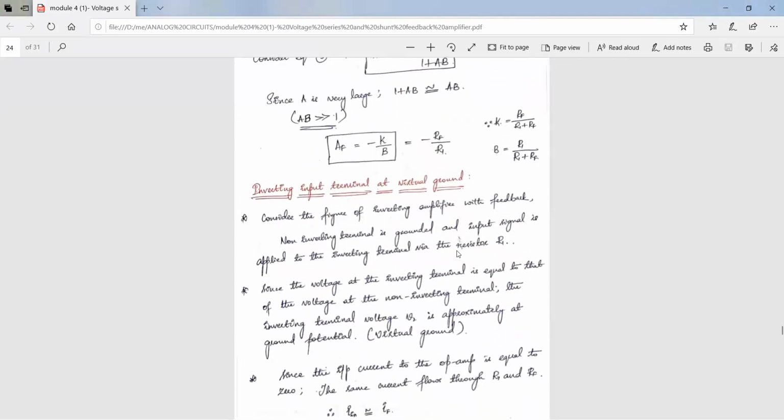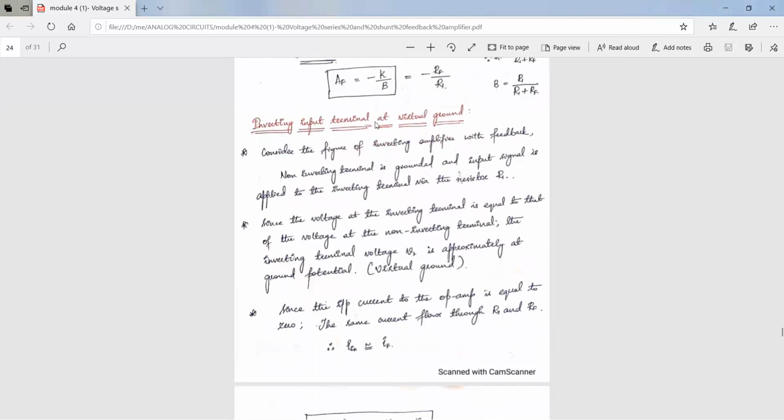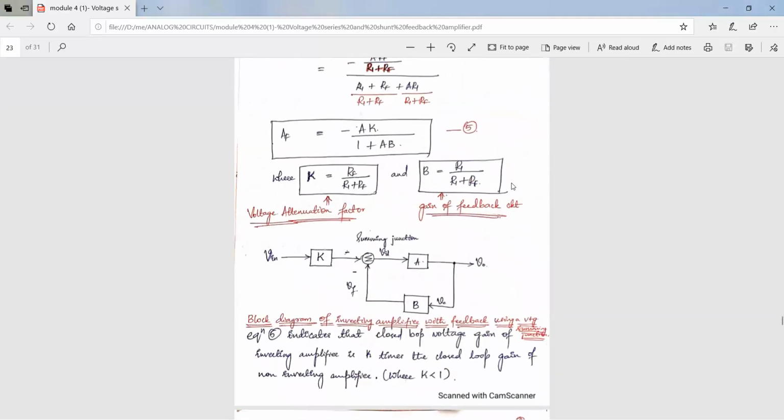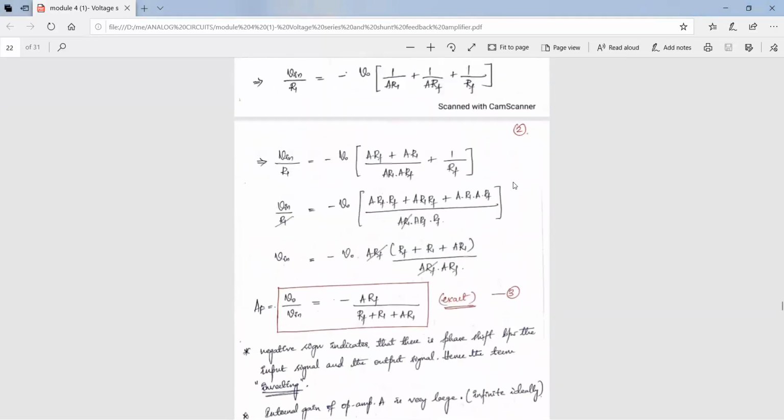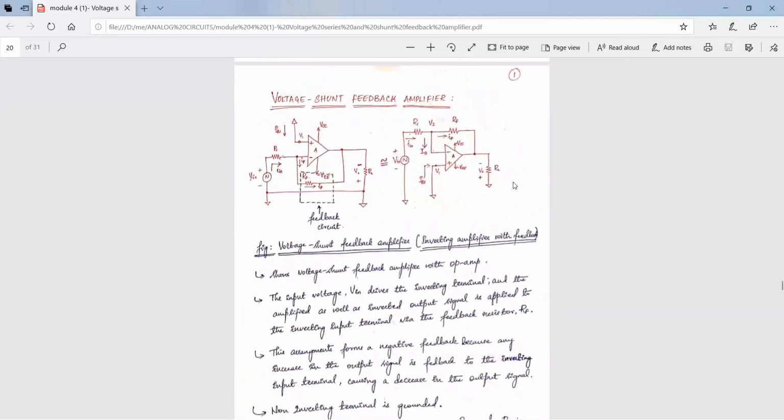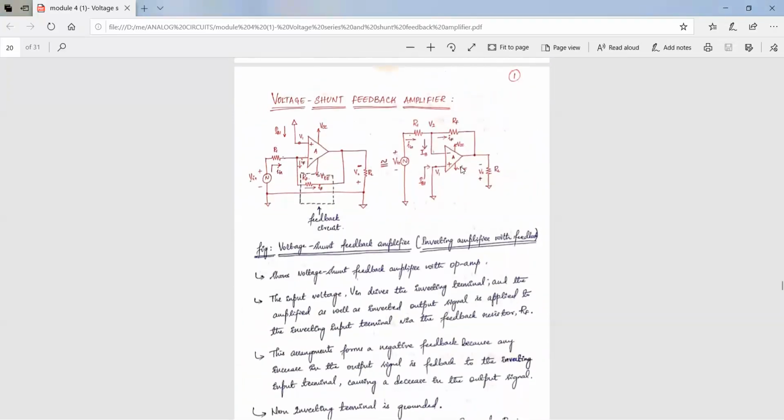Now the next topic is inverting input terminal at virtual ground. Now by the concept of virtual ground, what we understood is the voltage at the inverting terminal and the voltage at the non-inverting terminal, they both are equal. So now what we do is, see, here V1 is grounded but V2 is not grounded.